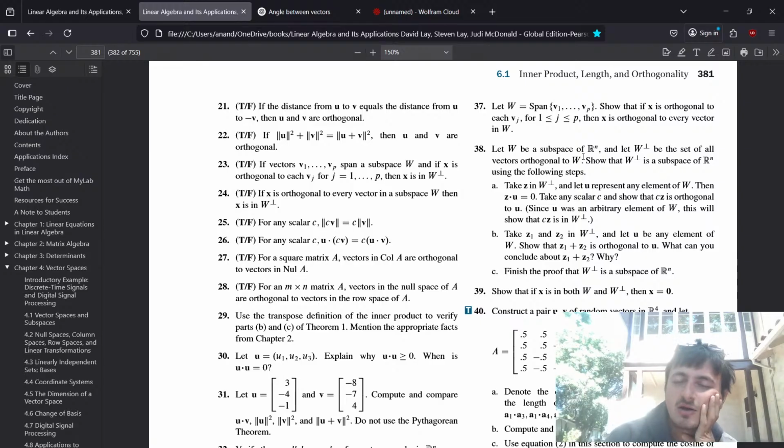Now we multiply it by an arbitrary scalar k. Now what we want to do is show that that element is also in W perp. So the way we do that, I don't know, maybe this is a leap, but what we could do is we take a basis of W.